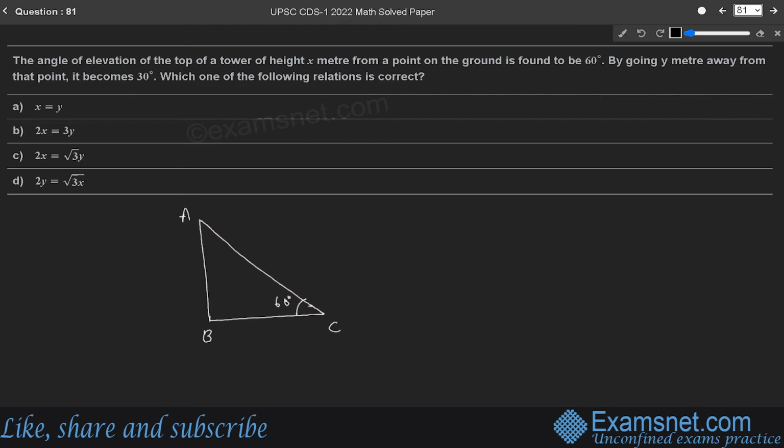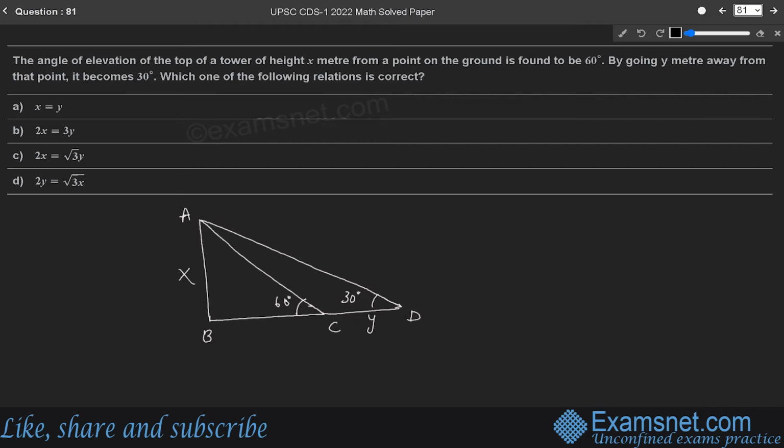And by going y meter away from that point, it becomes 30 degree. So by going y meter away, this angle becomes 30 degree. I hope the diagram is clear to you. This is x.